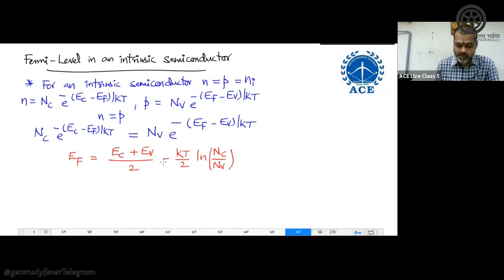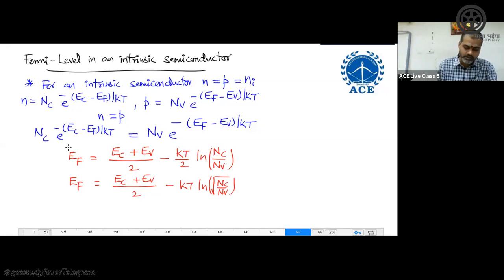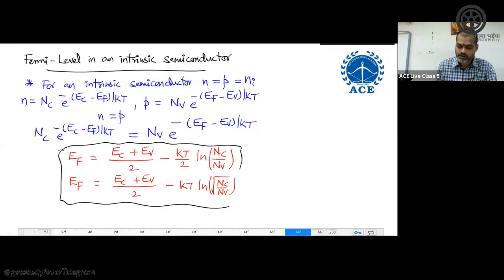Or the same equation I can also write as Ef is equal to (Ec plus Ev) divided by 2 minus Kt ln of the square root of Nc by Nv. Both will be the same, any way you can represent this. Hope I am clear.